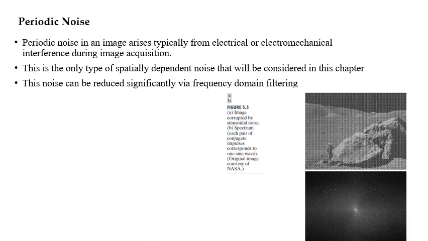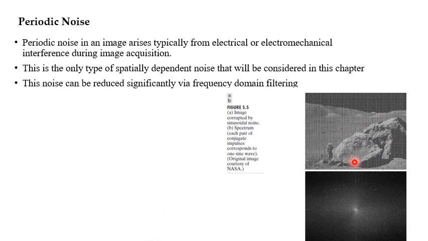This is the one spatial dependent noise which we are considering in this module. Since this kind of noise arises due to electrical or electromagnetic interferences, by understanding the frequency domain, by having an idea of how the various frequencies are present, or by analyzing the spectrum, that is the frequency domain representation, with a good analysis this periodic noise can be significantly reduced using frequency domain filtering. So let us take an example here.